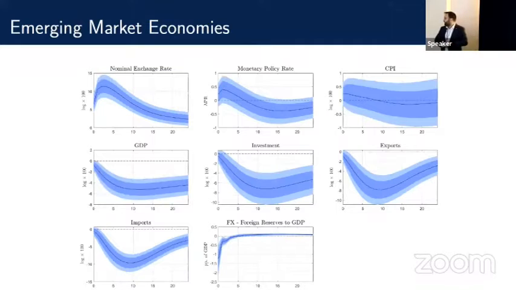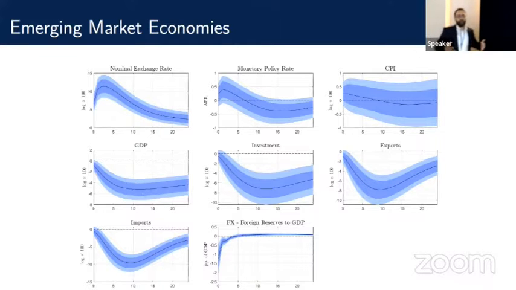So this is emerging markets. We see a very similar nominal exchange rate depreciation and also a very similar decline in exports. But at the same time, as opposed to advanced economies, we see a large decline in investment, which tells us that probably financial factors are also important for emerging markets. And GDP decline is pretty large.